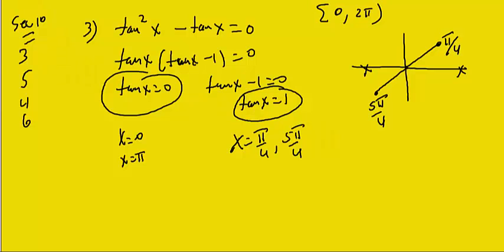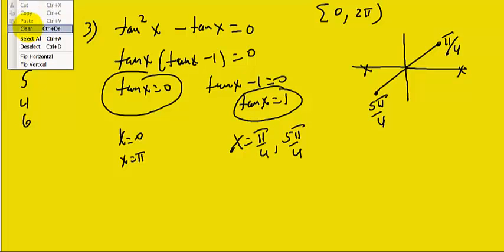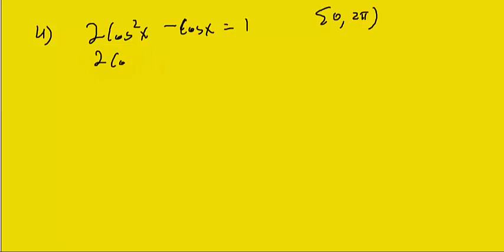Okay, so 4. Number 4 says 2 cosine squared x minus cosine of x is equal to 1. Again, domain restriction 0 to 2 pi. It's a quadratic, which means I have to take everything to one side, and then I have to factor.